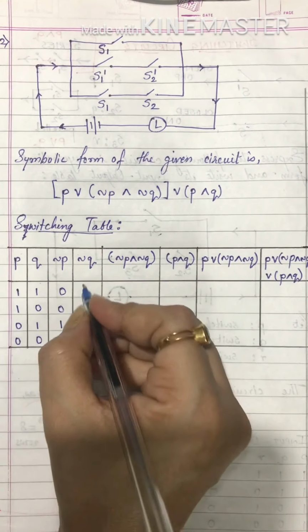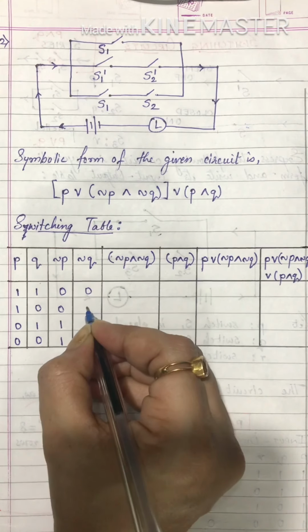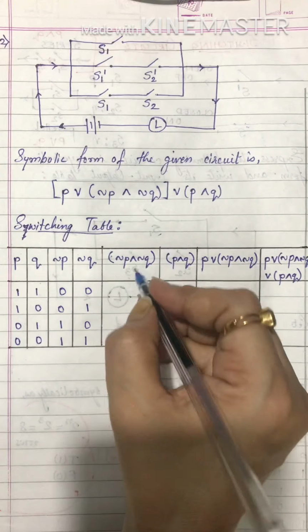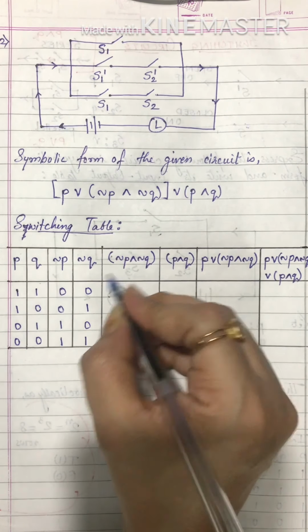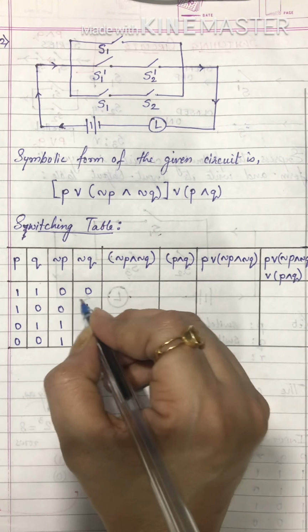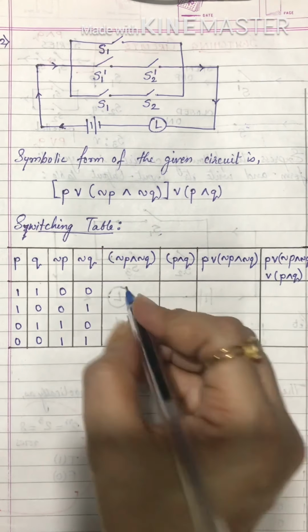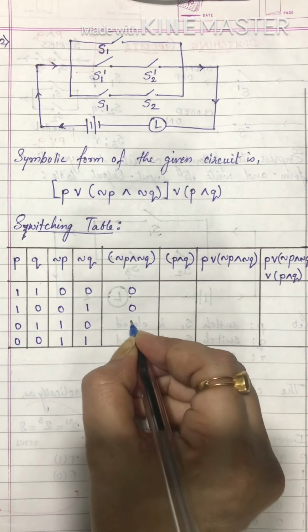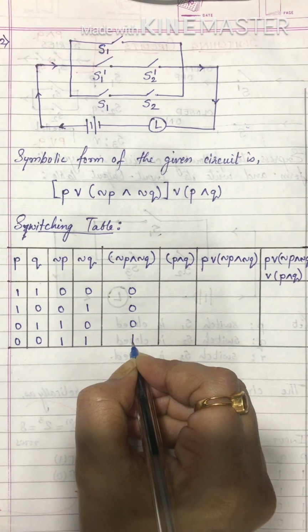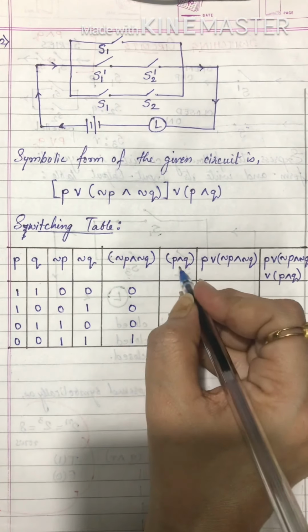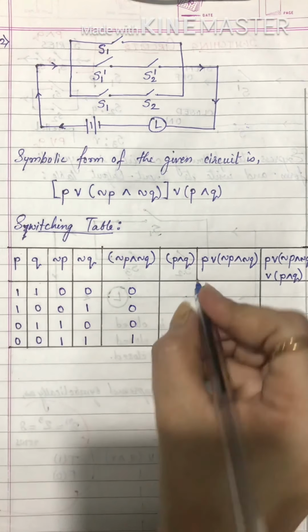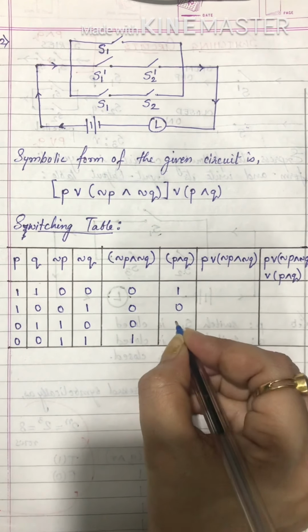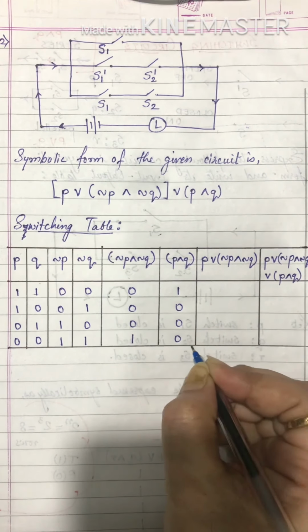Be very careful which column you're writing negation for. 1 0 1 0, and then negation P and negation Q, and operator and connective here, so we get 0 0 0 1. Okay, next P and Q, here multiplication operator, 1 0 0 0.